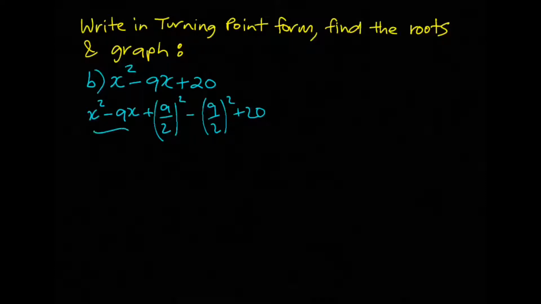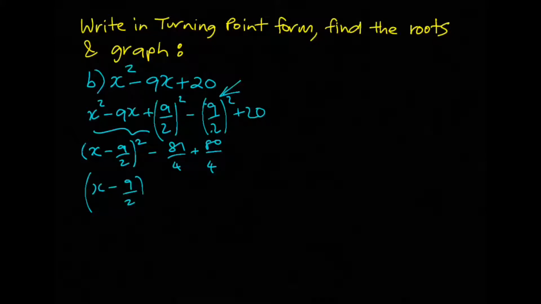So this can be shown as a perfect square, so x minus 9 on 2 all squared, minus 81 on 4, I've just squared this, the top and bottom, plus 80 on 4, and that gives x minus 9 on 2 squared, minus 1 on 4. So that's in the turning point form, where the turning point is 9 on 2, negative a quarter.